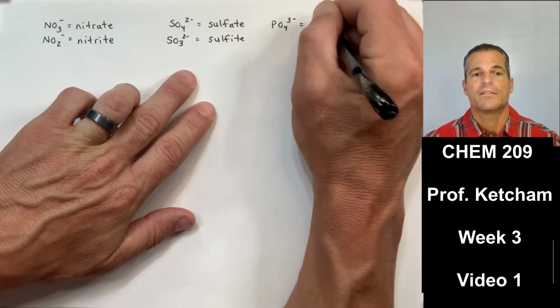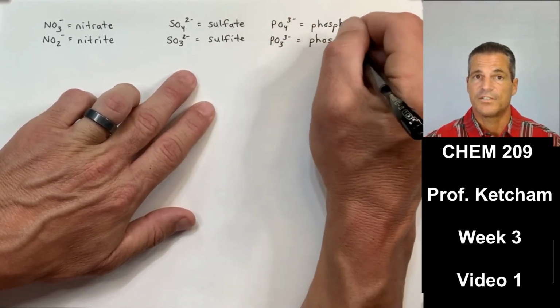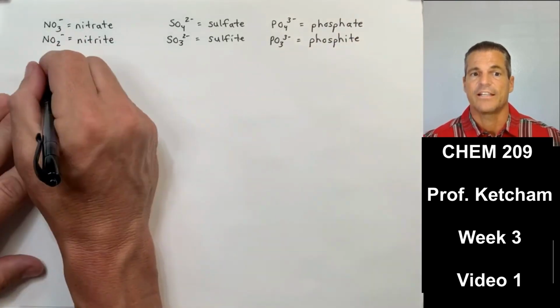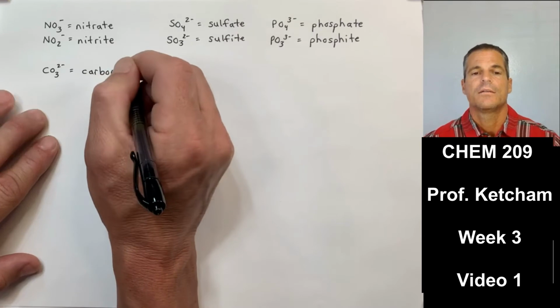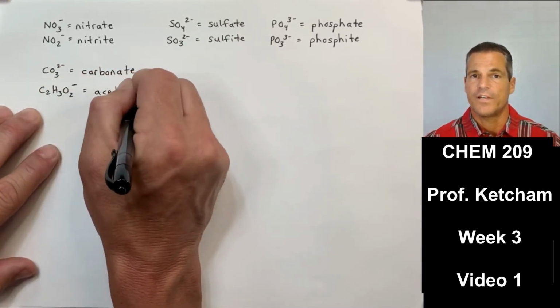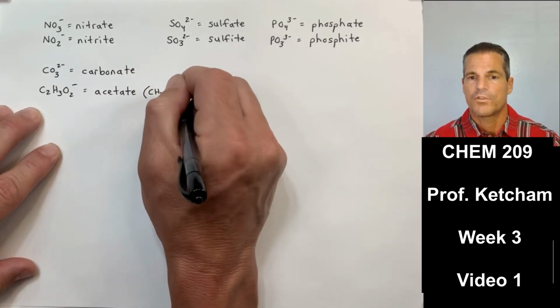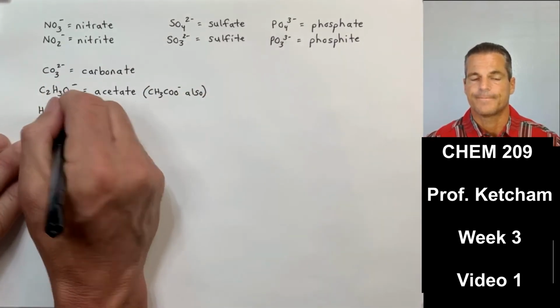So NO3- is nitrate, NO2- is nitrite. One less oxygen, right? A little skinnier, kind of like the A is fatter than the I in -ate and -ite. SO4 2- is sulfate, SO3 2- is sulfite. PO4 3- is phosphate, PO3 3- is phosphite.